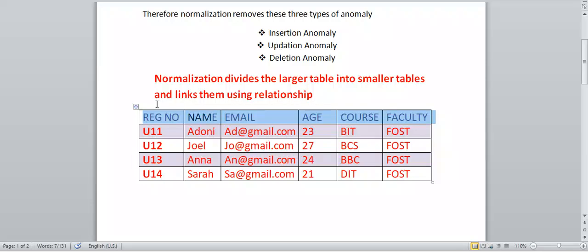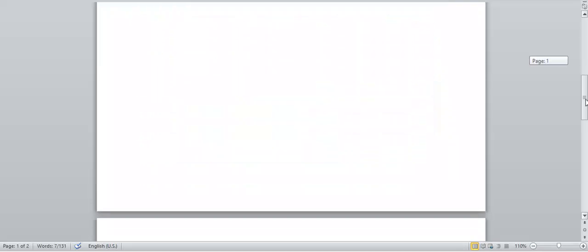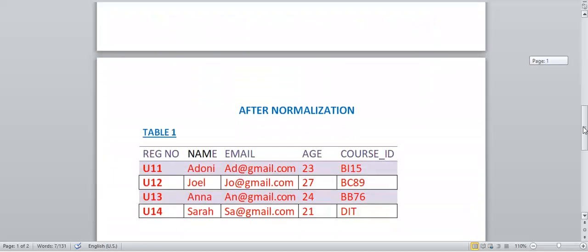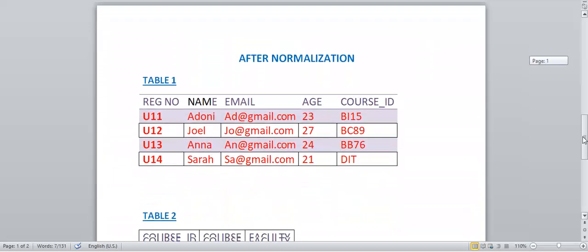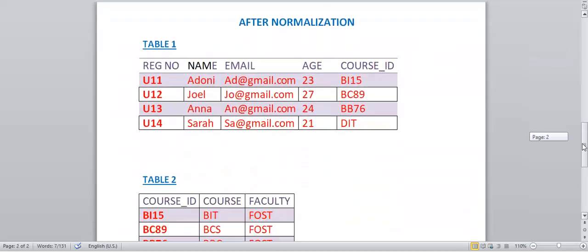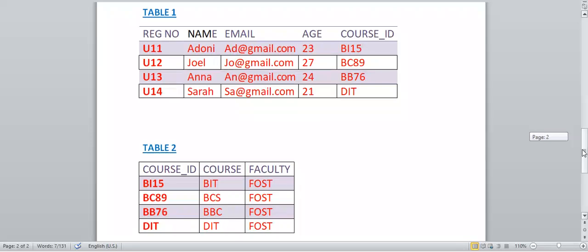It will depend on which level of normalization you're going to end at. Therefore, we are going to divide this table into small tables. So when you move down here, we have our big table divided. After normalizing it, we have table 1 and table 2.